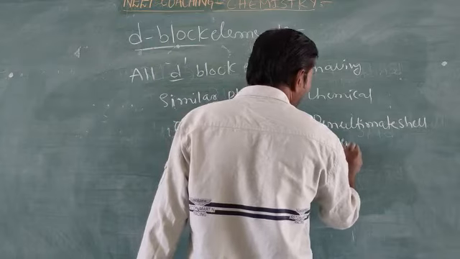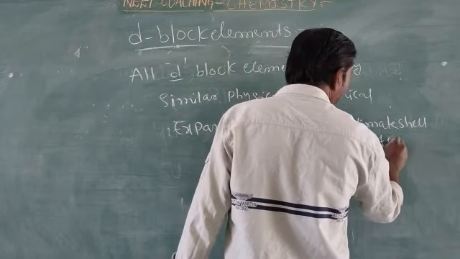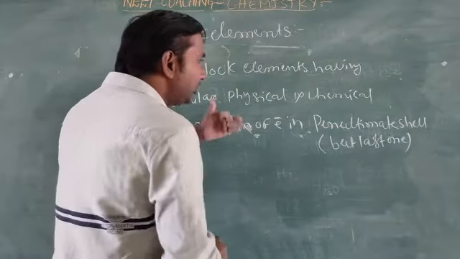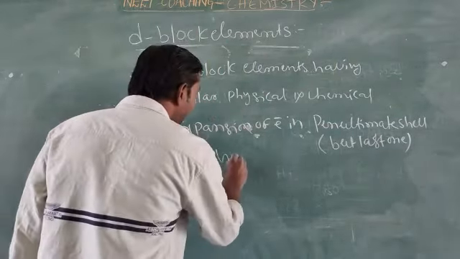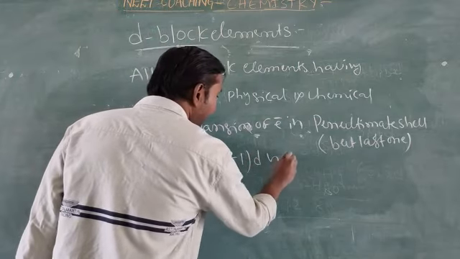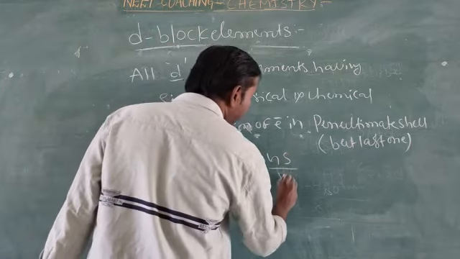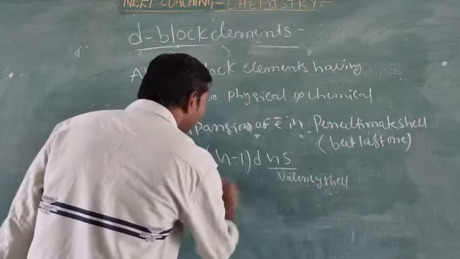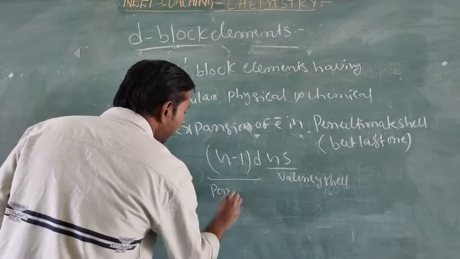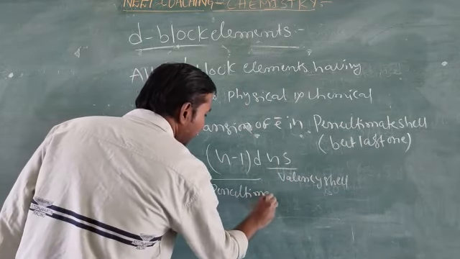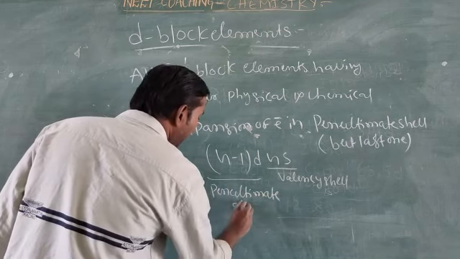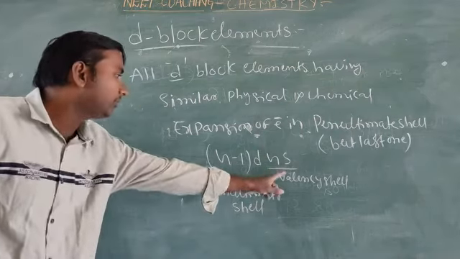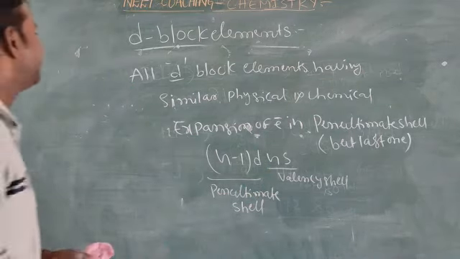So which is the penultimate shell in d block elements? (n-1)d and ns. ns is the valence shell. (n-1)d is the penultimate shell.